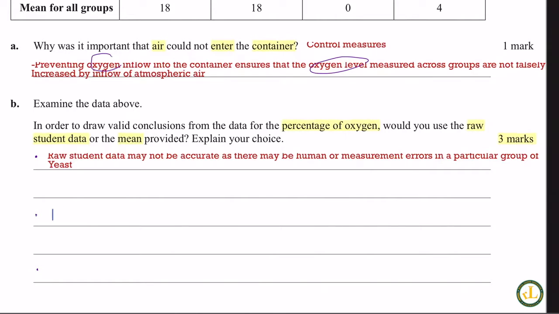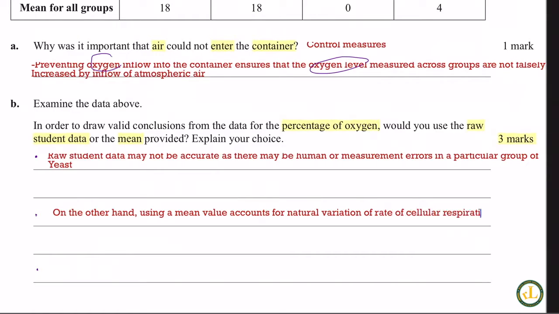On the other hand, using a mean value accounts for natural variation of rate of cellular respiration across yeast groups, because we know that not all yeasts actually operate at the same rate of cellular respiration, so it's important to pick up this point. And you can also say it offsets errors in individual groups measured.